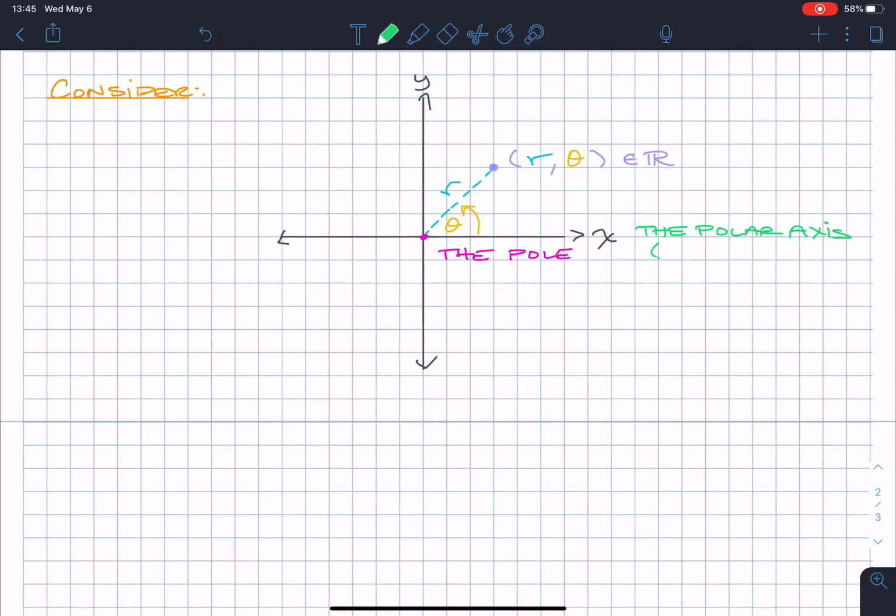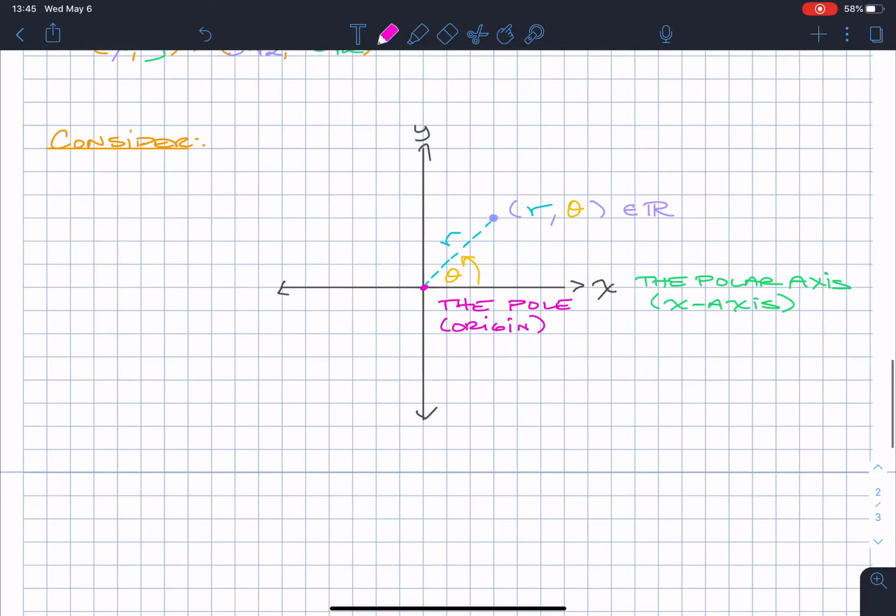So let me put in parentheses x-axis. And the pole I'll put in parentheses origin. So this is just more nomenclature for those things we already know. So we can name this a polar coordinate system.